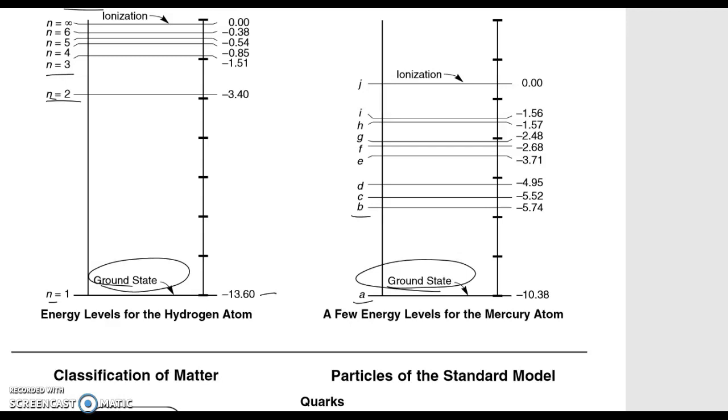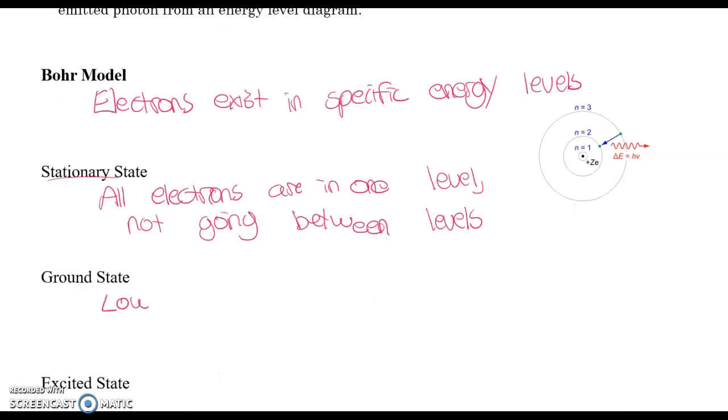You'll notice that it's the highest number in magnitude, so that's negative 13.6, and that's negative 3.4, and that's negative 10.8, and that's negative 5.7. That's a negative number, so the bigger the negative is, the smaller the energy actually is. Ground state is your lowest energy level, and for hydrogen, that's n equals 1, and for mercury, that's n equals A.